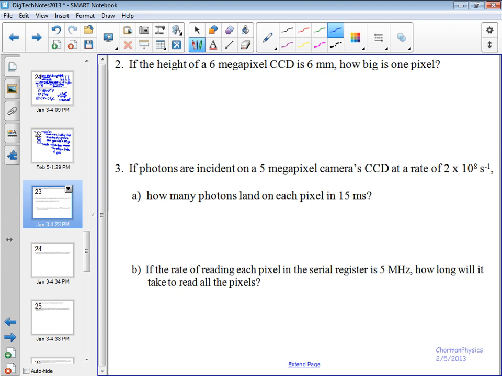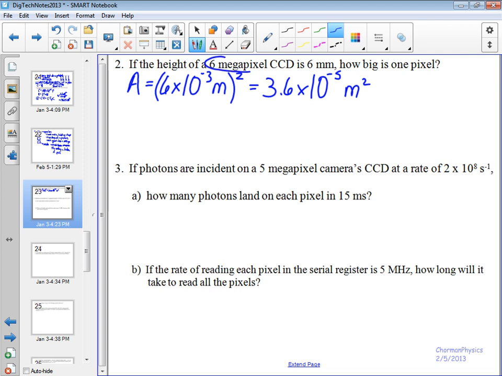All right. So if the height of the 6 megapixel CCD is 6 millimeters, how big is 1 pixel? To find the area, what you can do is just square 6 millimeters, so area is just going to be 6 times 10 to the negative 3 meters, squared. So it's going to be equal to 3.6 times 10 to the negative 5 square meters.